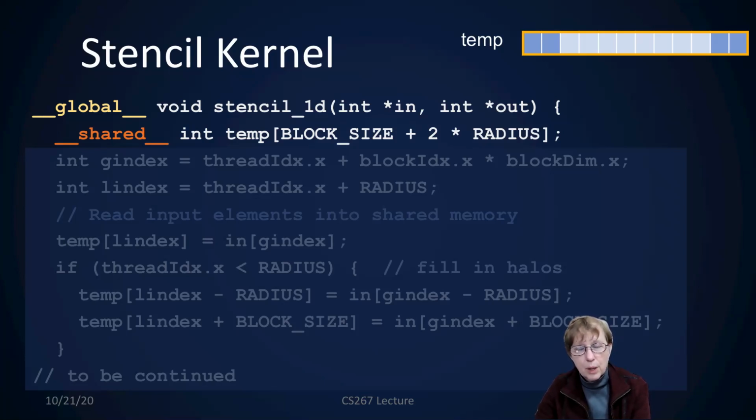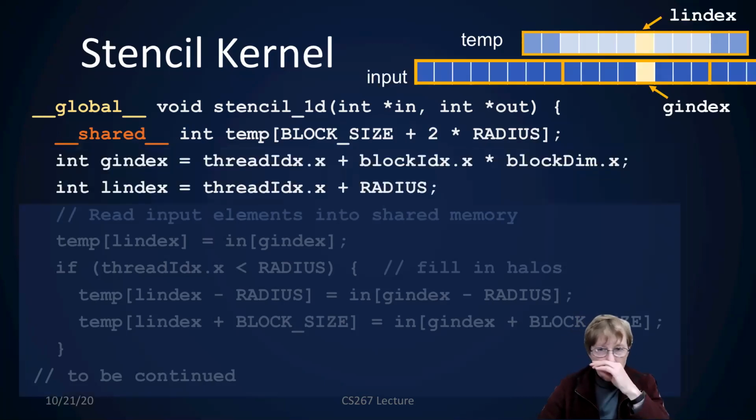And then we're making a shared array of size block size plus 2 times the radius to get the halo regions on both ends of it, and then computing the global index and local index as I showed in the previous screen, which you can see in the picture up here, how the temporary array has gotten allocated.